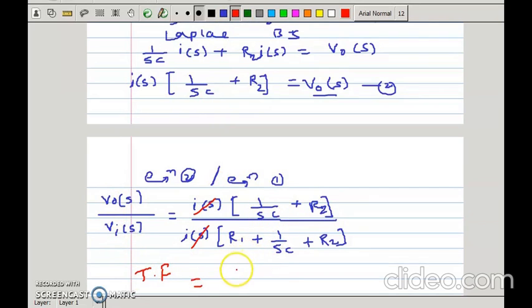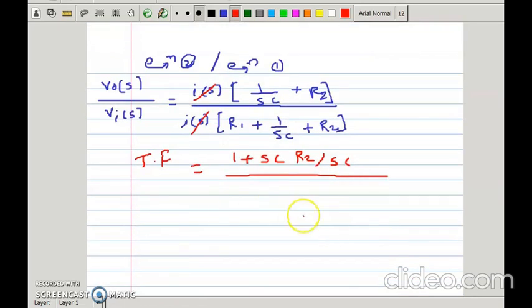See, can we take cross multiplication? So it is 1 upon SCR2 divided by SC, right? Whole divided by, again getting cross multiplication, so it is SCR1 plus 1 plus SCR2 divided by SC.